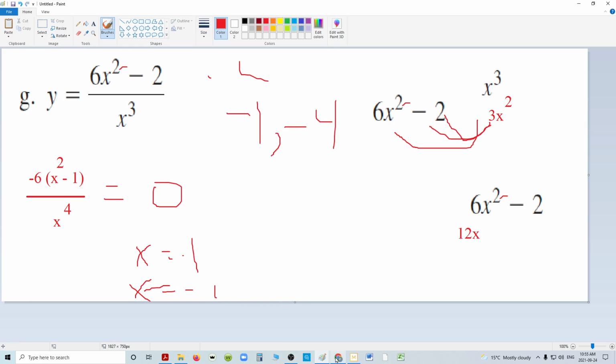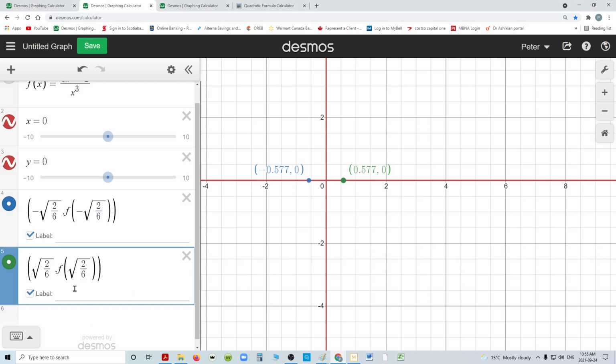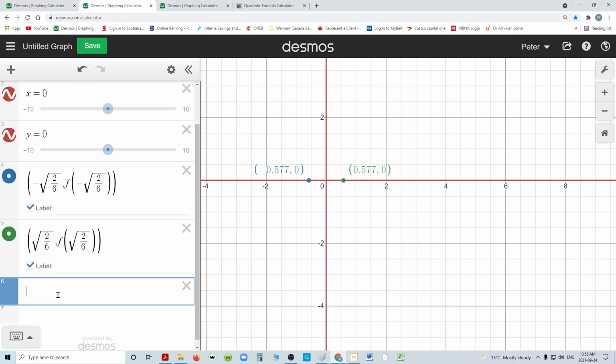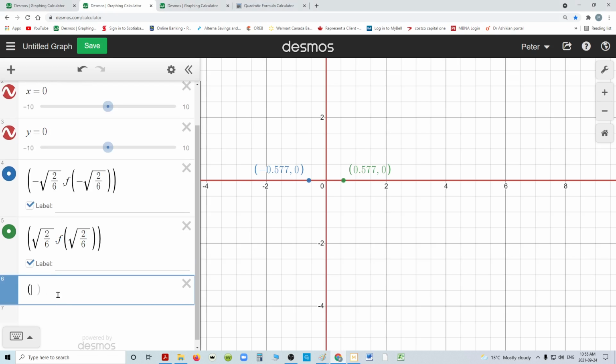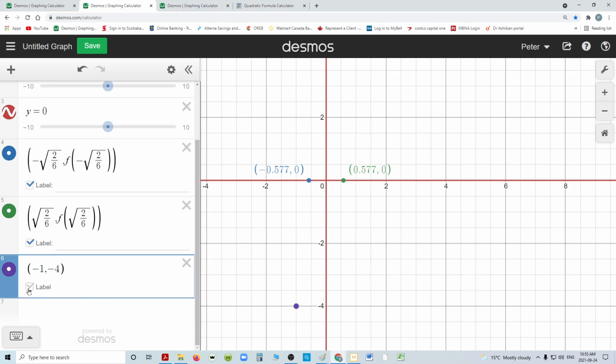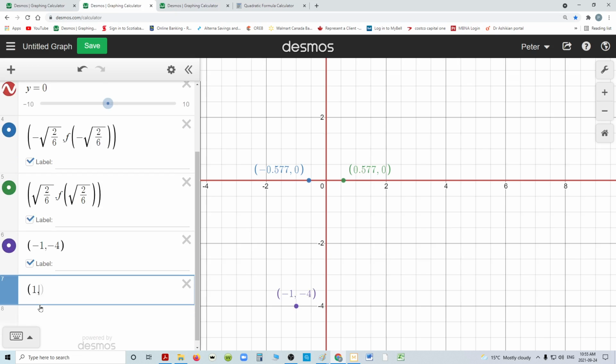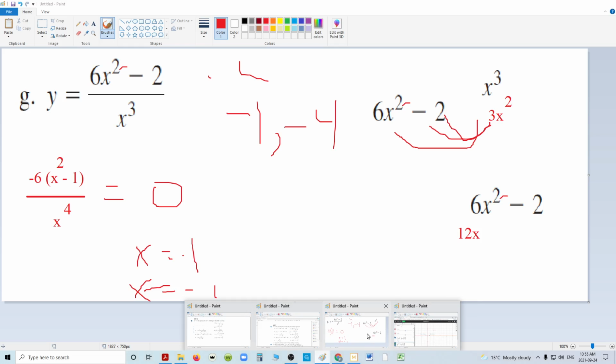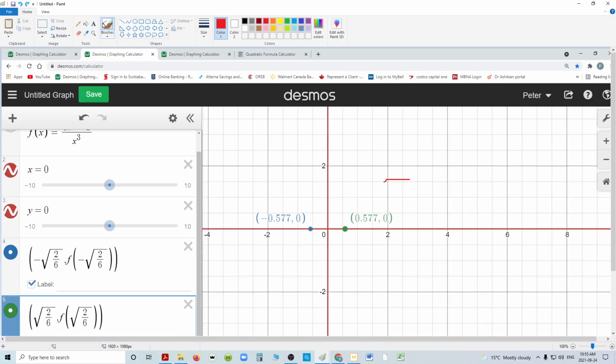Okay, so that means on this graph, negative 1 comma f of negative 1, which is actually going to be negative 4, is going to be the min point. And 1 comma 4 on the other side is going to be the max point. And as I said, I'm predicting that it's going to look like this.